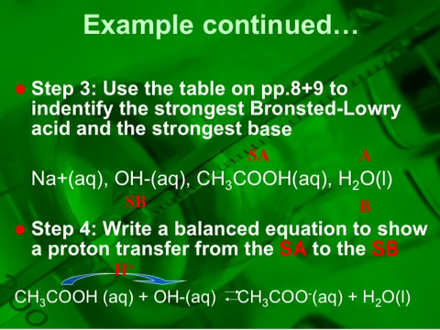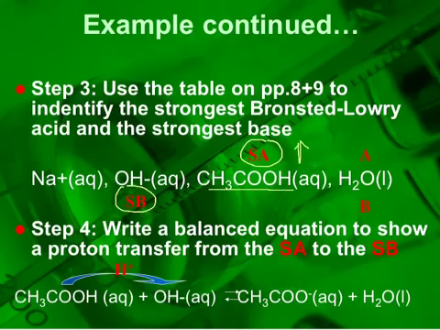Looking again at our acid and base table, we see that the strongest base is our hydroxide because it is the lowest on the right-hand side. On the other hand, acetic acid is going to be our strongest acid because it is the highest on the left-hand side, on the side of the acids.